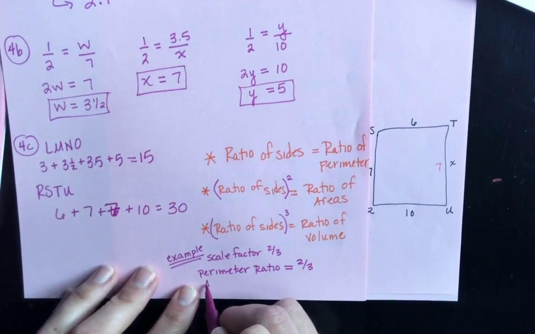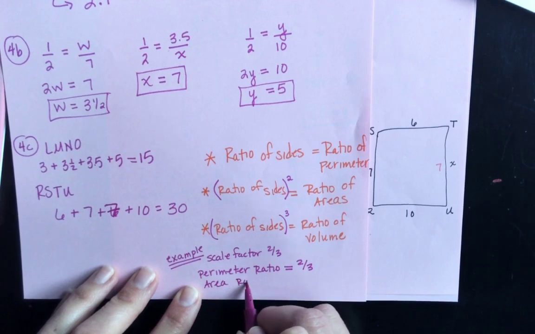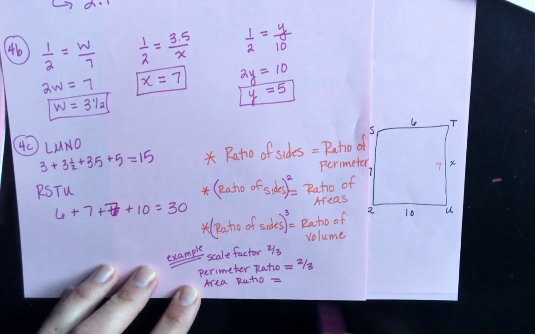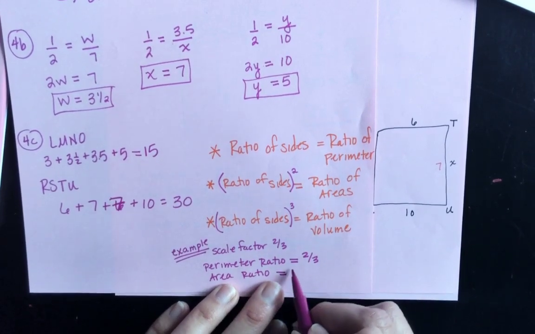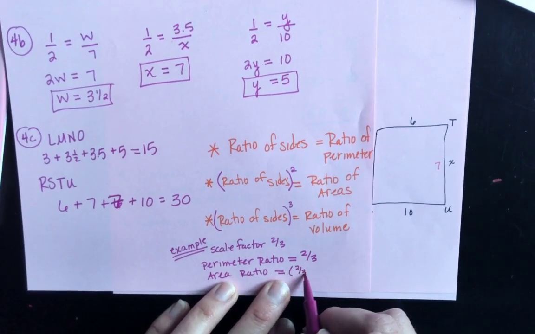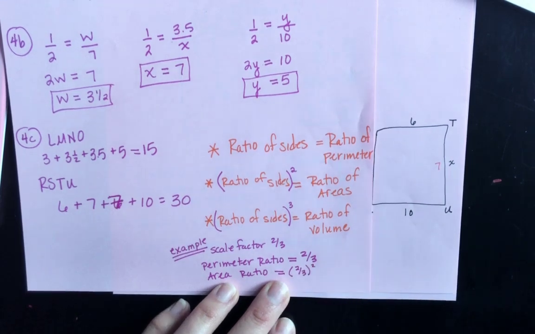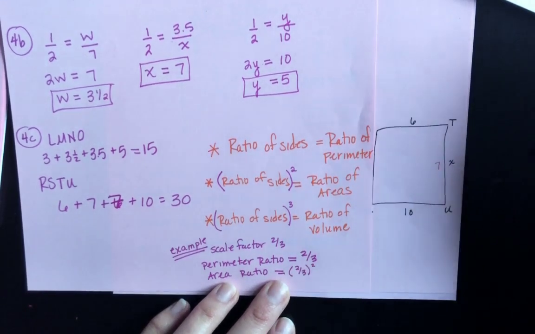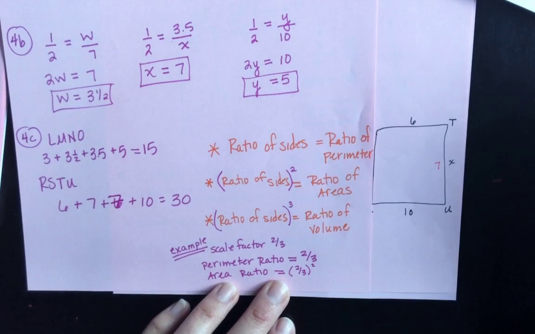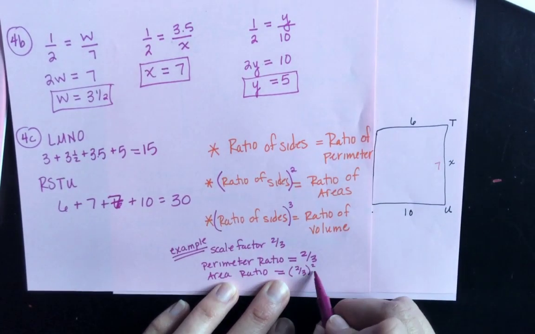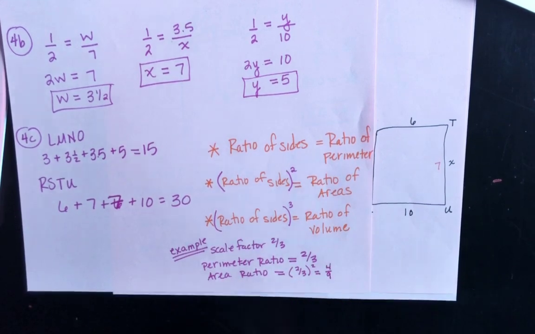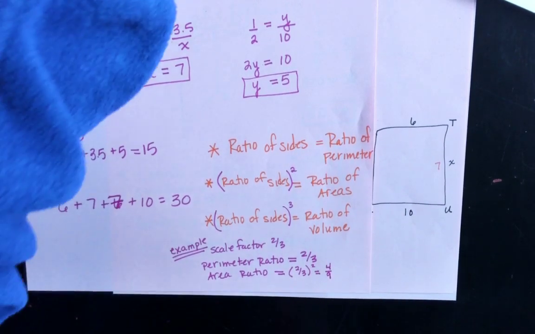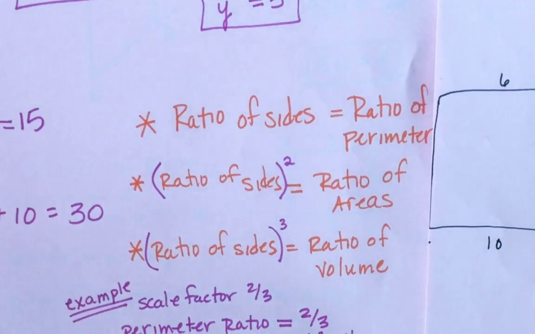But if I wanted to know the area ratio, I'm not going to say 2/3 anymore. I have to take that 2/3 and square it. So 2/3 squared is really going to be 4/9. Just in case you can't see that, I'll zoom in for a second.